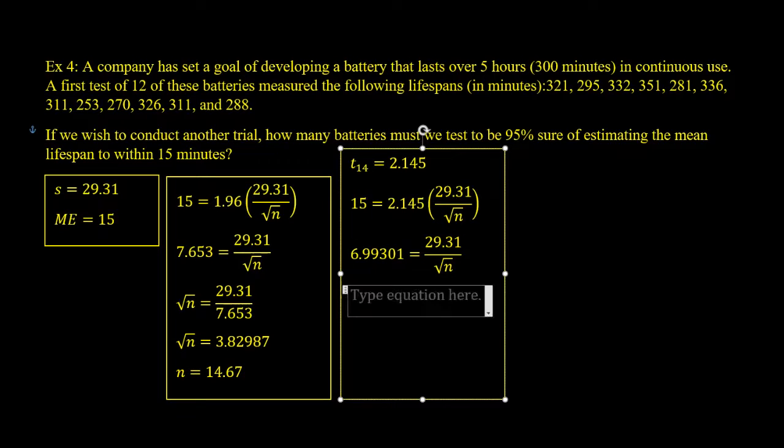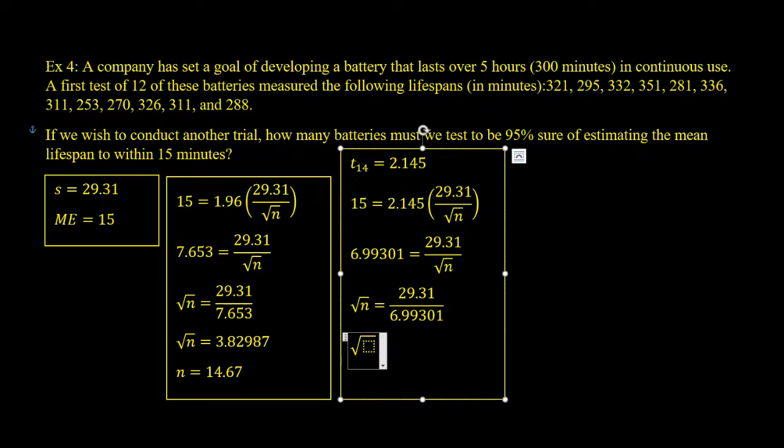So we should get a larger sample size than we had previously. Switch places with the 6.99301 and the square root of n. And we get square root of n equals our 29.31 over 6.99301. And I'm just preserving all these decimal places till the end where I'll do the rounding.